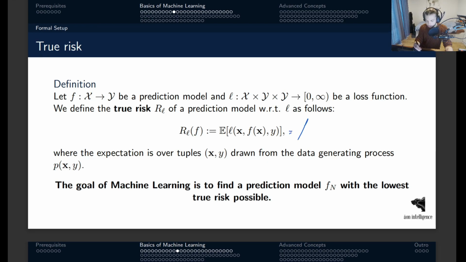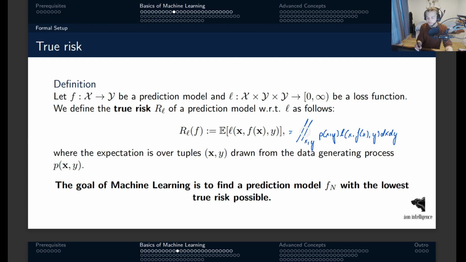So just for the sake of completeness, this expectation is a double sum over all input-output combinations, x and y, of their joint density times the loss that occurs when a certain combination is present. And we take the integral over all x's and all y's.